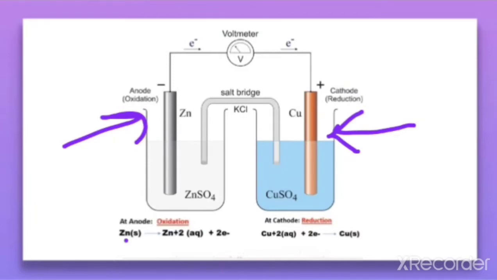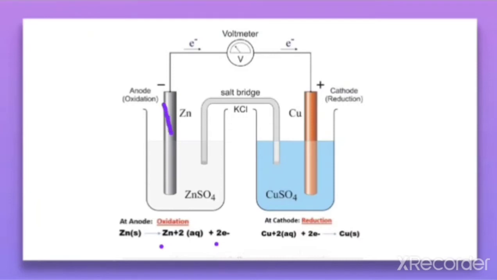The reaction taking place at the anode is that zinc gives up 2 electrons, so it forms the zinc ion, Zn2+. So the zinc rod loses the 2 electrons, and those 2 electrons flow through the wire and reach the other container, and the zinc ion which is formed flows into the solution.